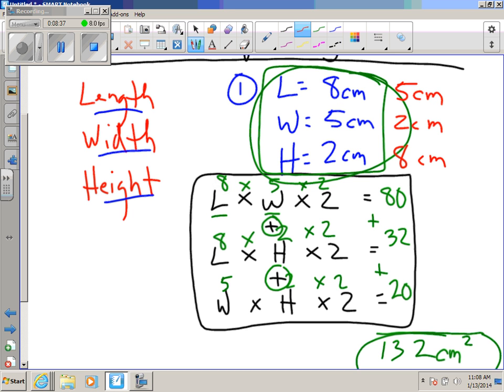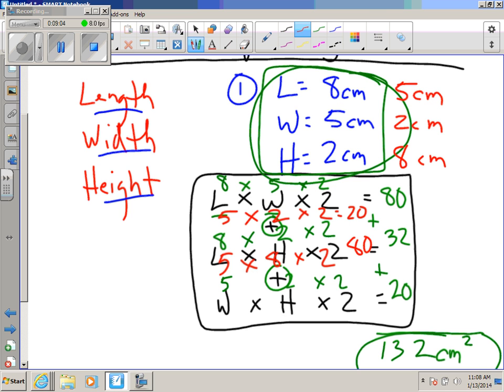We'll use the red, okay? So length times the width times 2. 5 times 2 is 10, times 2 is 20. Let's plug in L, which is 5, times the height, which is 8, times 2. 5 times 8, 40, times 2 is 80.